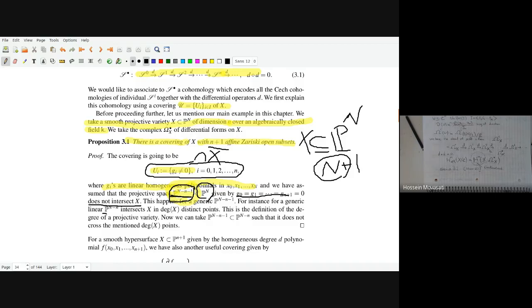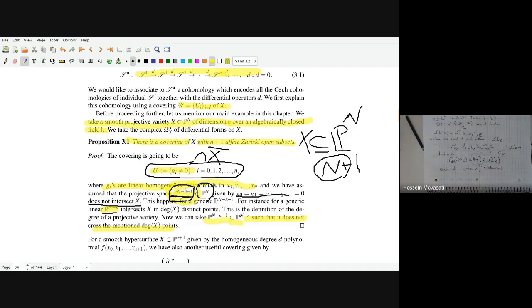By the definition of degree, if one intersects P^(N-n) with X, one gets degree X points. And if you reduce the dimension of this projective space by 1, so that it doesn't cross these degree X points, then you will get the desired projective space.